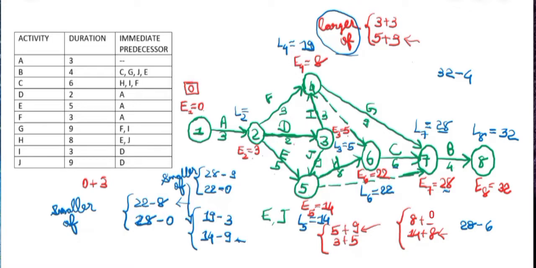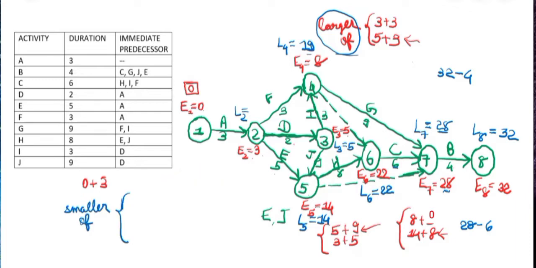And now our L2 will find that we are having 3 arrows. So now it will be either 19 minus 3 or 5 minus 2 or 14 minus 5. Let me just write that.